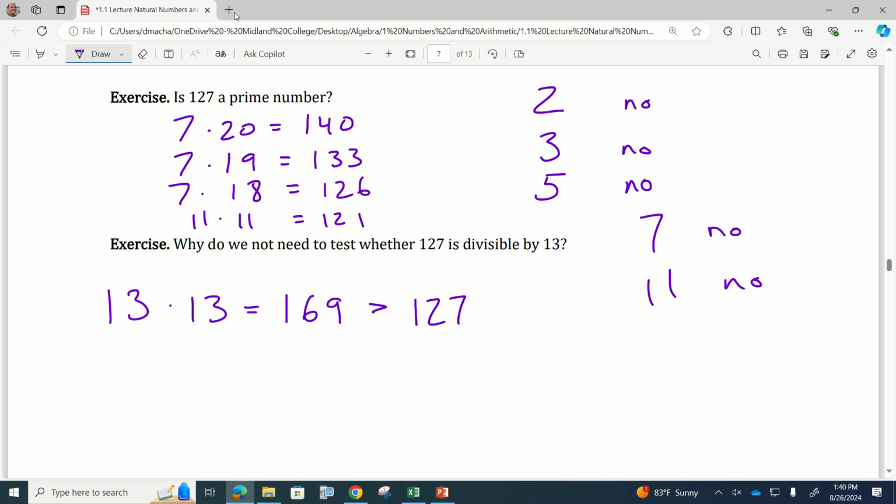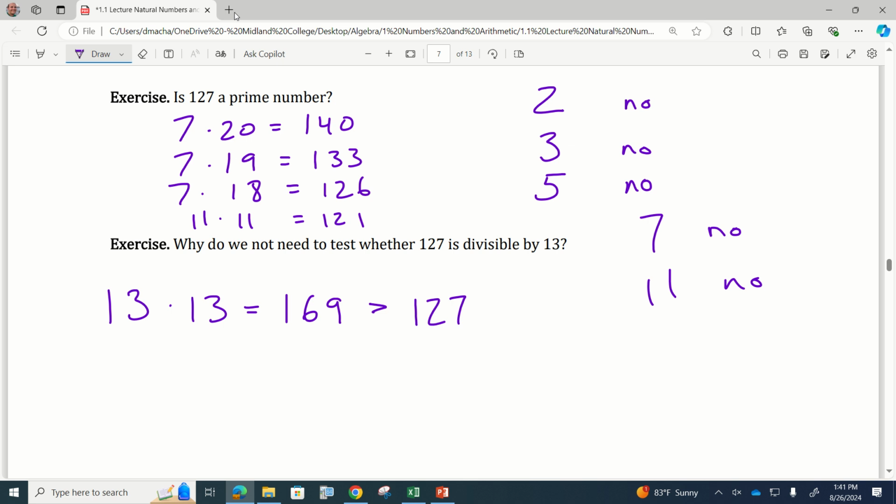If 127 was divisible by 13, there's 3 ways this could happen. Either it's 13 times 13 equals 127. It's not. Or 13 times a smaller number is 127. That's possible, except we already tested all of the smaller numbers, so we ruled it out. The last possibility is that 13 times a larger number is 127, but 13 times a larger number would be even bigger than 169. So that's not possible.